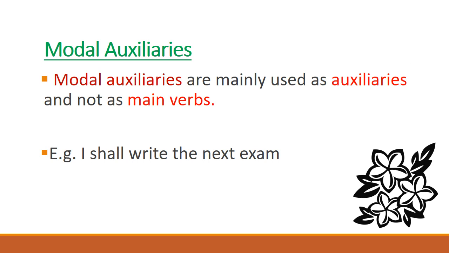So modal auxiliaries are mainly used as helping verbs. They are not used as main verbs. I shall write the next exam. Here the modal auxiliary shall is used as an auxiliary or helping verb instead of as a main verb.